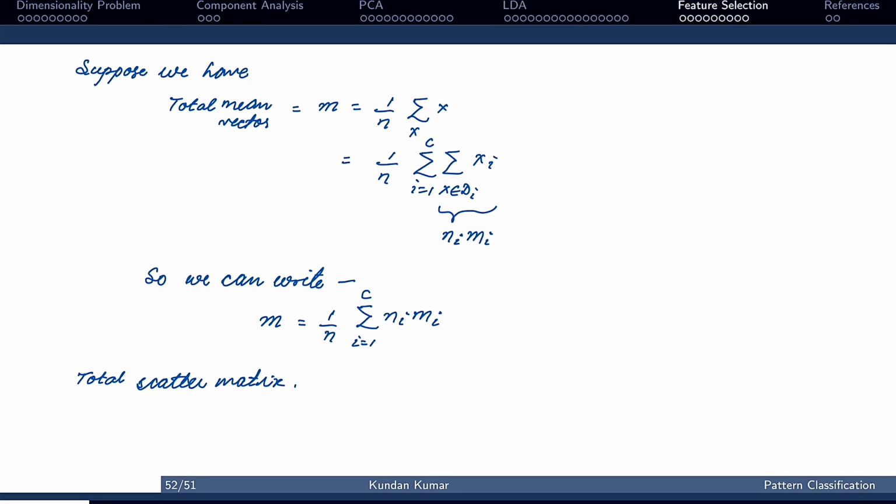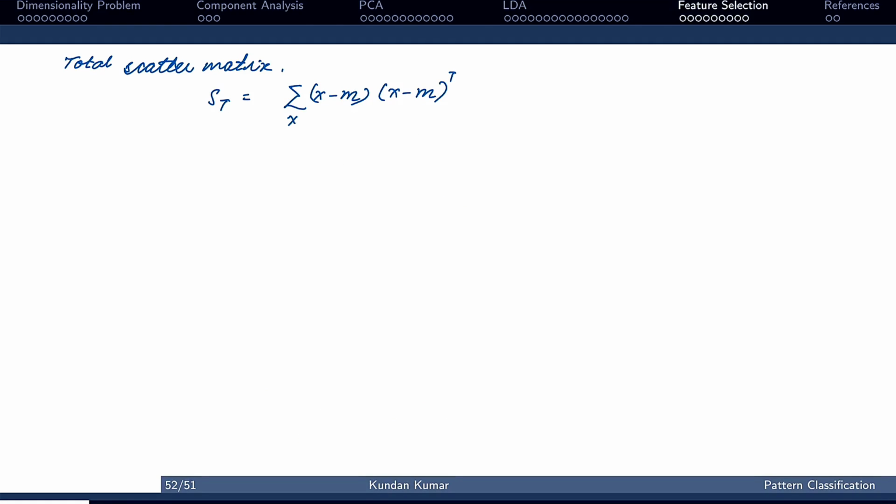Which is defined as St equal to summation of (x minus total mean) (x minus total mean) transpose for all set of samples. So here we have the total scatter matrix defined by this expression.